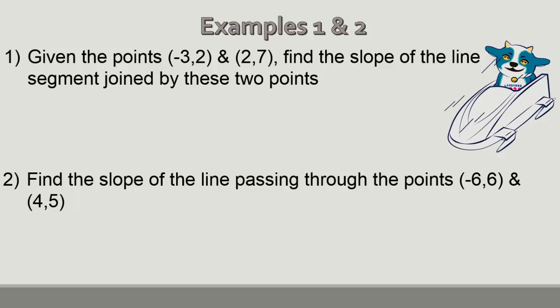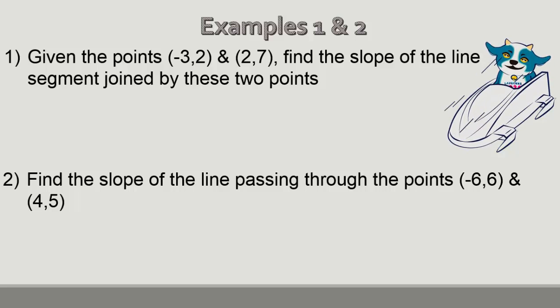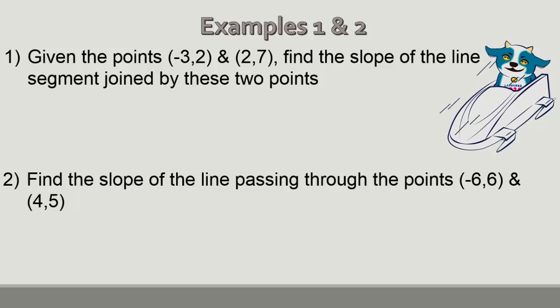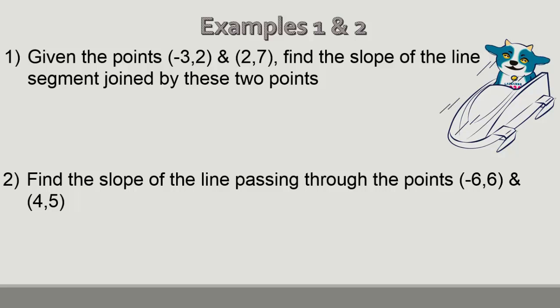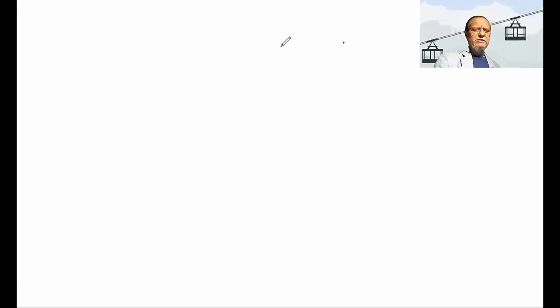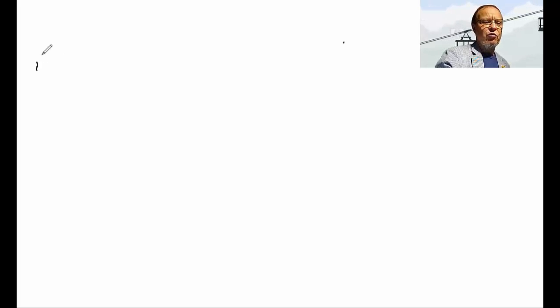In example number 1, we're given 2 points, -3, 2, and 2, 7. We want to find the slope of the line segment joined by these 2 points. So let us go over to the whiteboard and work this out. In example number 1, we're given 2 points.